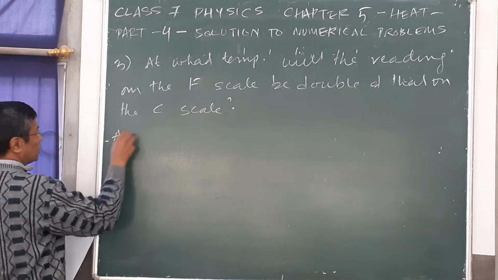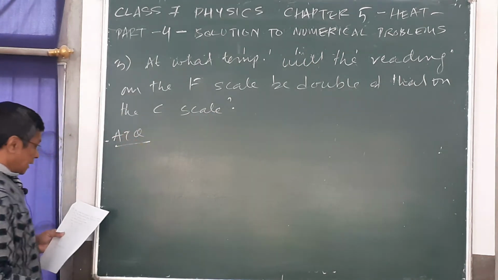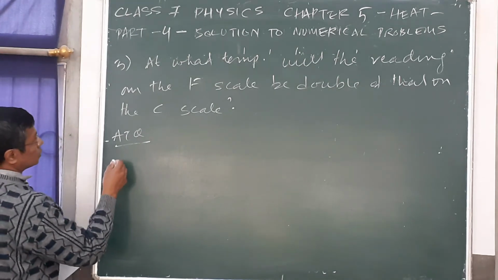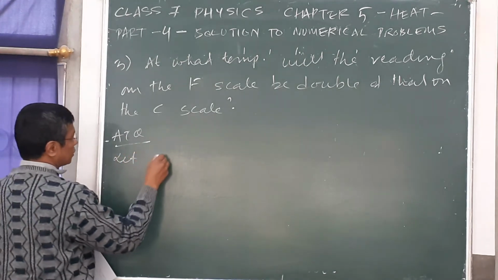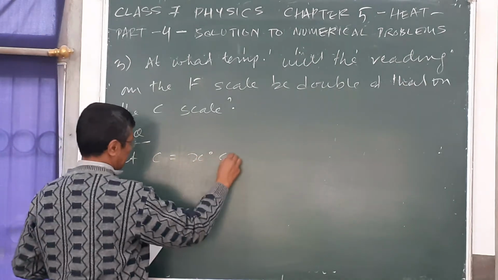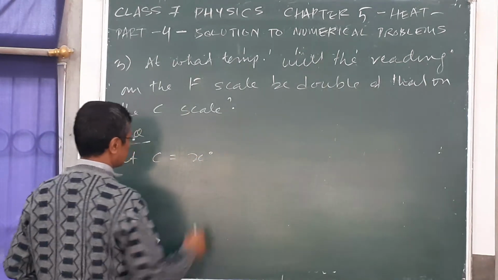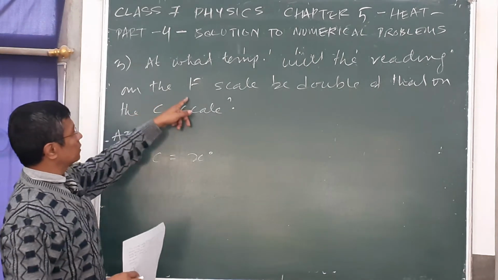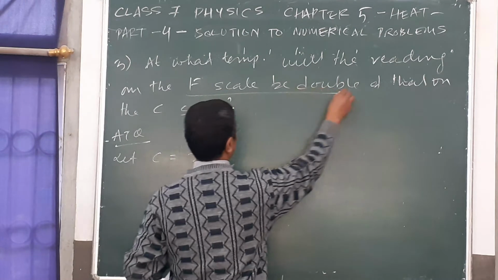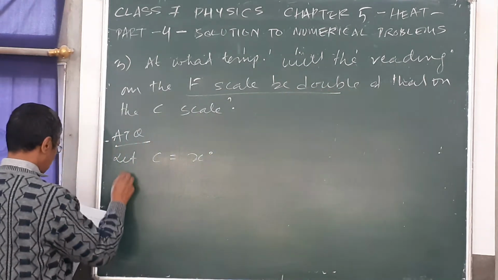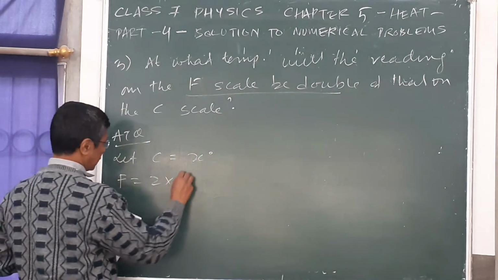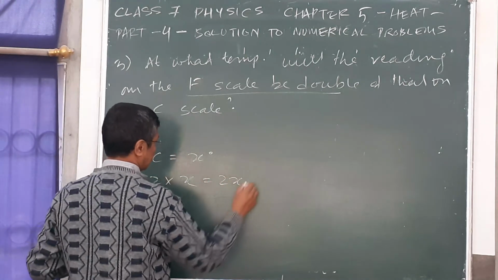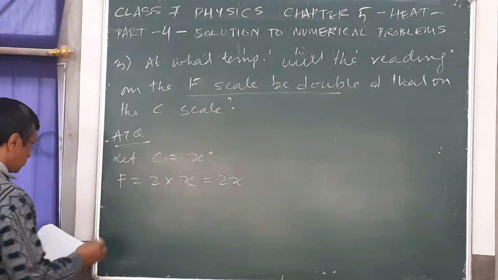So, according to the question, let us take the temperature in the Celsius scale as x degrees Celsius, or simply as x. It is saying that the reading on the Fahrenheit scale will be double, which means that the Fahrenheit reading will be double of that in the centigrade scale, so in the Fahrenheit scale it will be 2x.